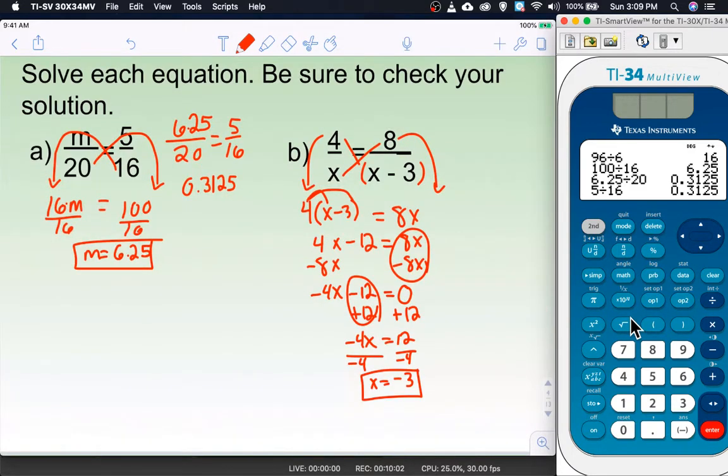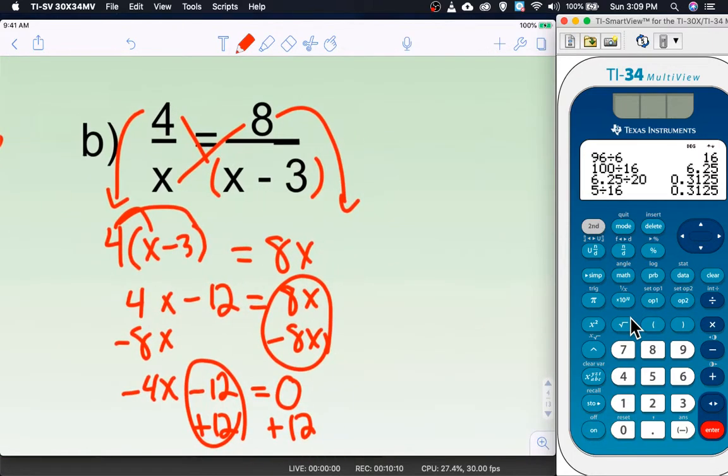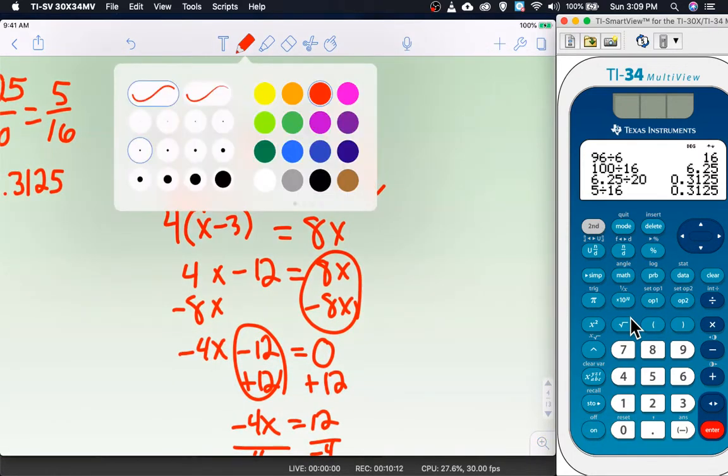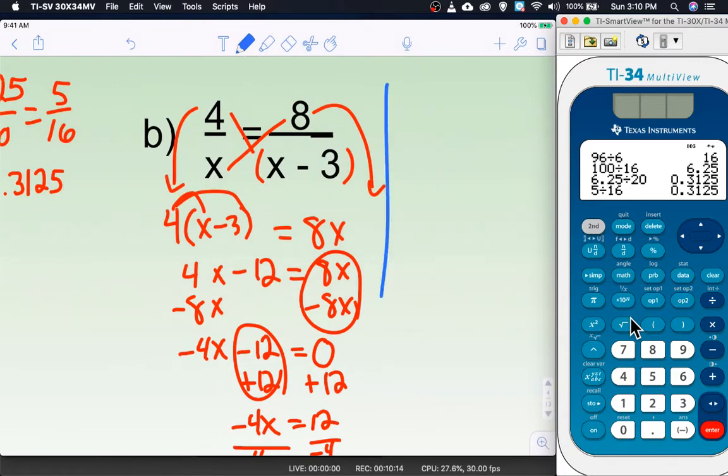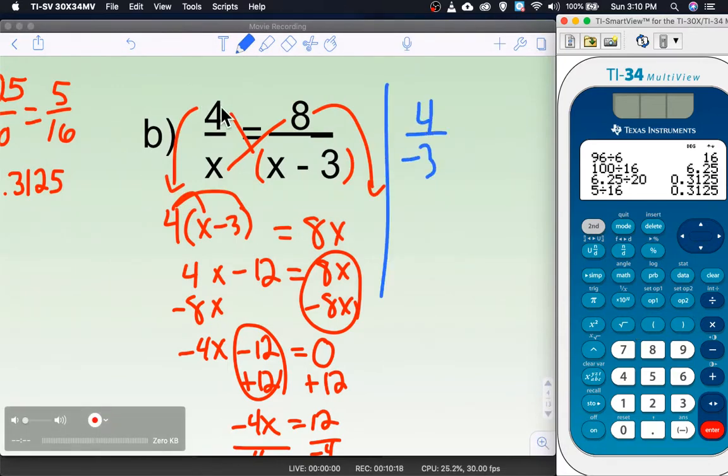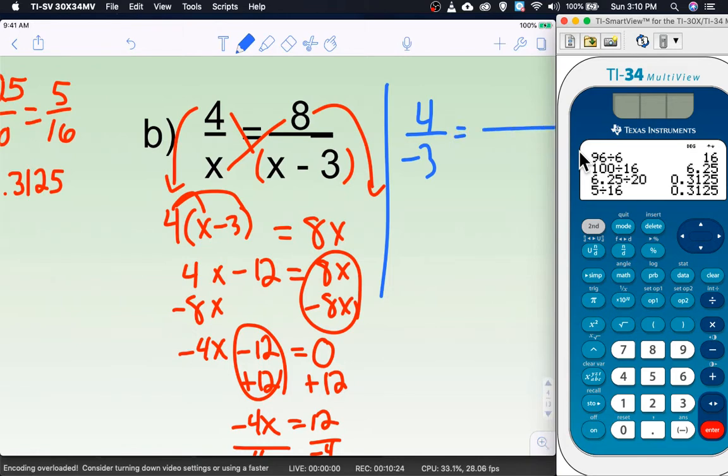If I was going to check the solution, I would have to take that -3 for x and plug it in for all of the x's. I will check this one last problem and then I'll be done checking. So let's see, if I plugged in -3 for x, this is 4 over -3 equals 8 over -3 minus 3.